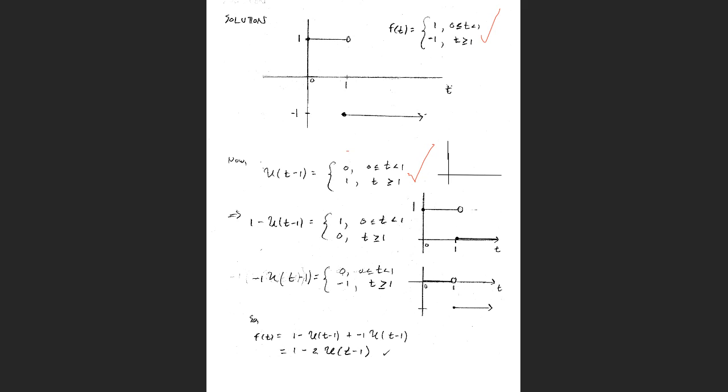It's going to equal 0, and then when you reach 1, the function jumps up to 1.